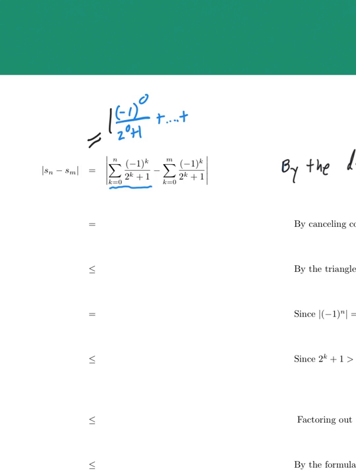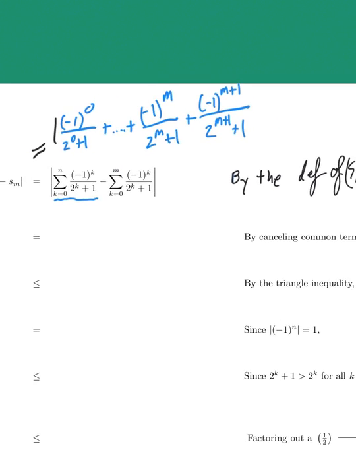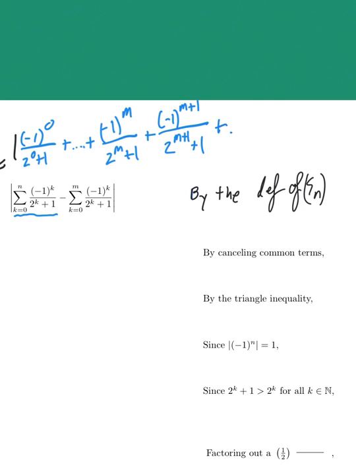And I need this to go all the way out to the nth term, but it goes out to the mth also. -1, and then it just keeps on going, to the m divided by 2 to the m plus 1 plus -1 to the m plus 1 all over 2 to the m plus 1 plus 1 plus, and then it keeps on going until it makes it out to the nth term, -1 to the n over 2 to the n plus 1.